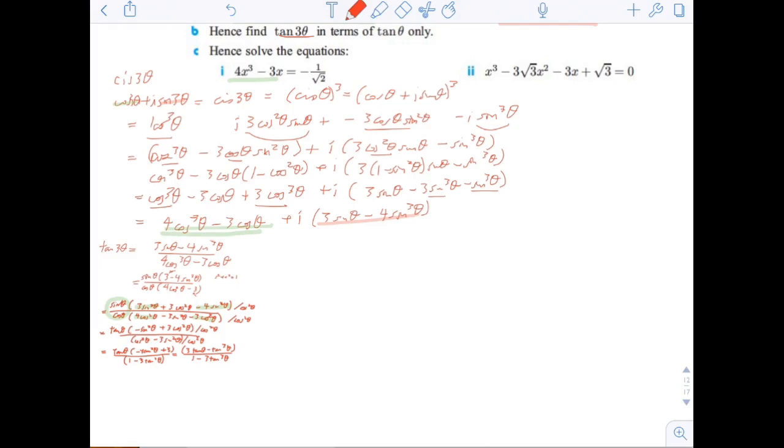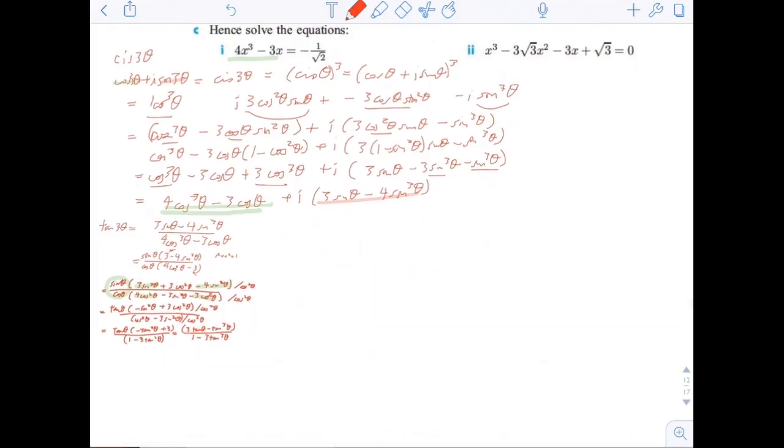So if x was cosine theta, then it would be a match, wouldn't it? So let's do that. Let's say that x equals cosine theta. And if we do that, then instead of 4x cubed minus 3x equals negative 1 over square root of 2, we'll have 4 cosine cubed theta minus 3 cosine theta is equal to negative 1 over square root of 2.